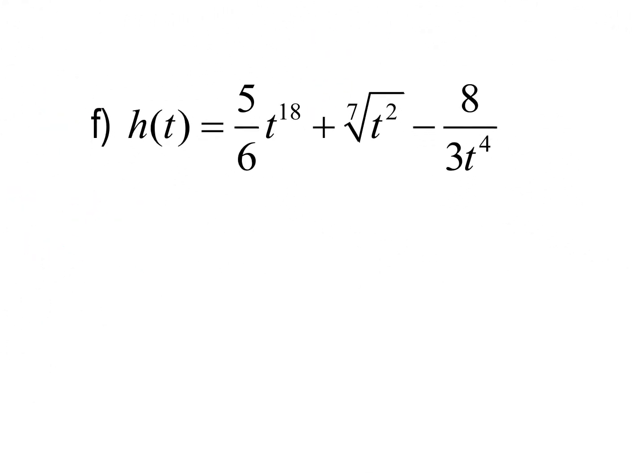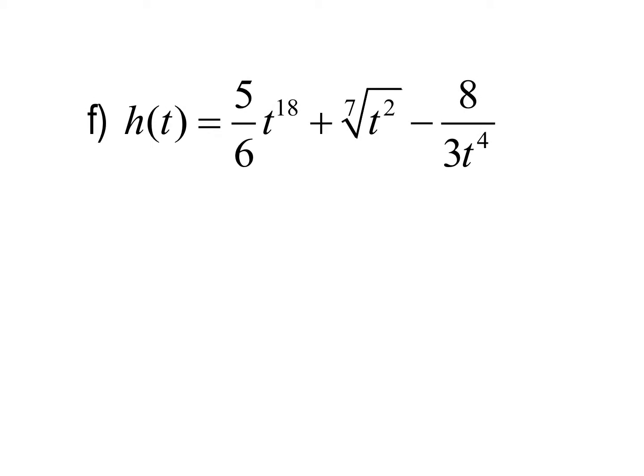Okay, let's try this one. This one looks a little bit crazy. This has a radical in it, so I'm going to change that to a fraction exponent so I can get rid of the radical. I'm also going to bring this t to the 4th up as a negative 4th exponent, so I'm just going to rewrite this so that I can make it a little bit easier to use my formula.